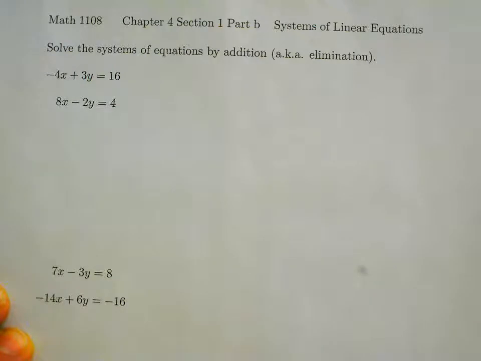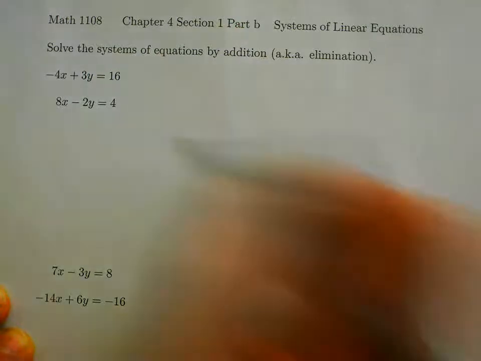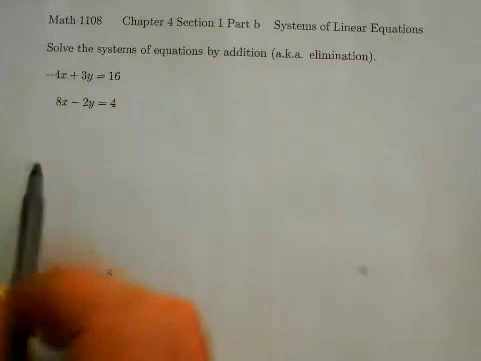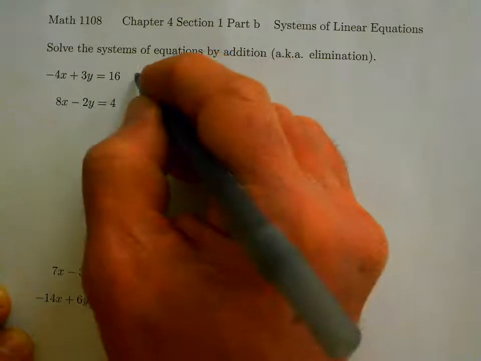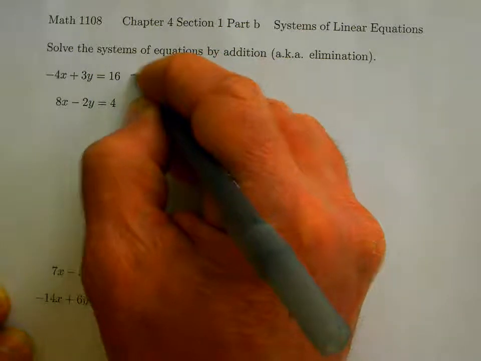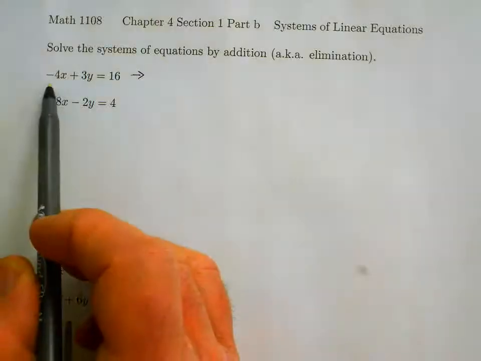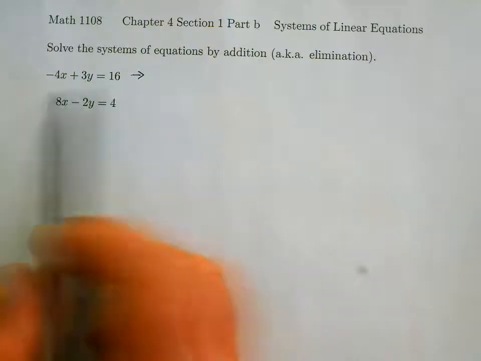And if I add -8x to 8x, I get 0, which means the variable x will be eliminated. Even though we have multiple options, one of the easier things to do is multiply every term on both sides of the top equation by 2.